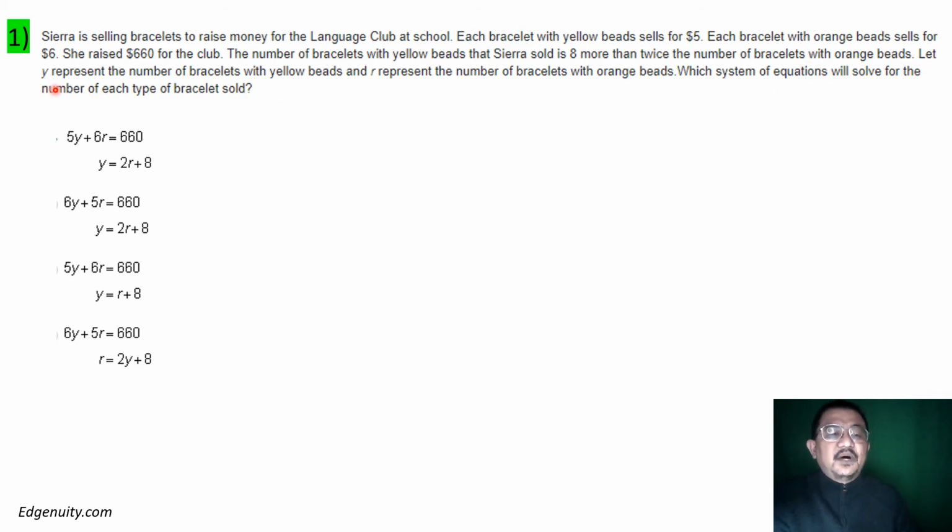Let's represent Y as the bracelet with yellow and R represents the bracelet with orange beads. Which system of equations will solve the number of each type of bracelet? So we want to know, look at the choices. There are two equations. Now let's see which equations make sense. Take note, Y represents the yellow and R represents the orange beads.